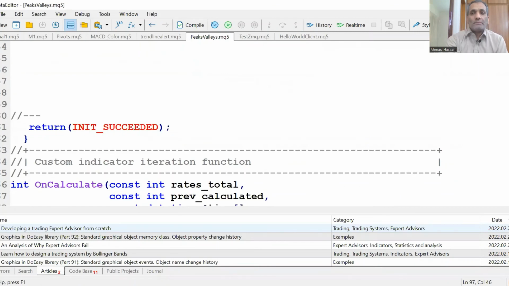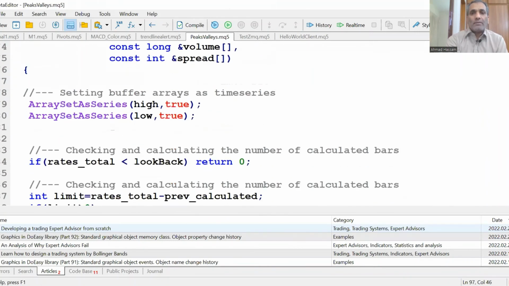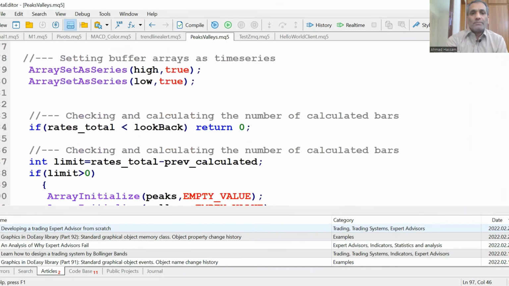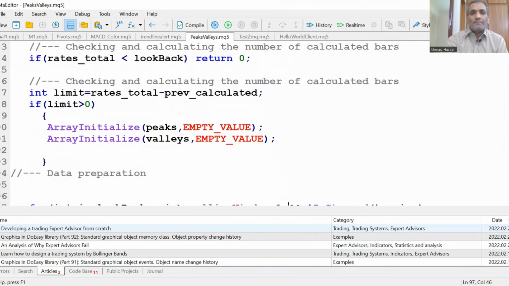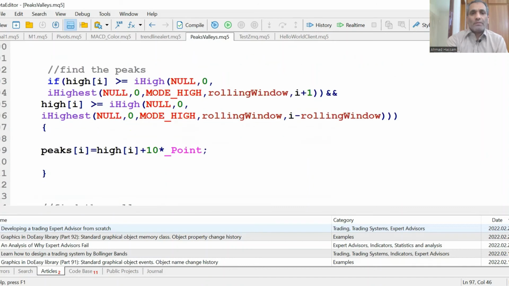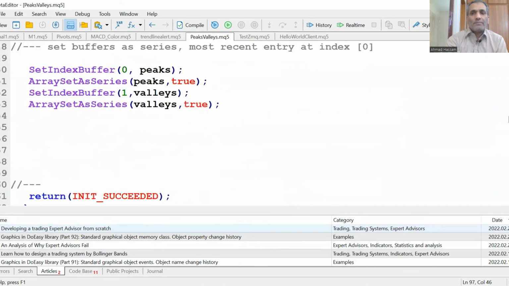You can download the code in the description. I have provided the link for both MQL5 and MQL4, both are provided. So you can use the version for MT5 as well as the version for MT4. It finds the peaks and valleys.